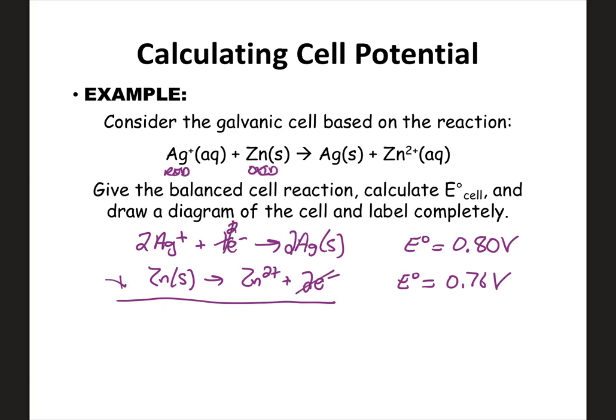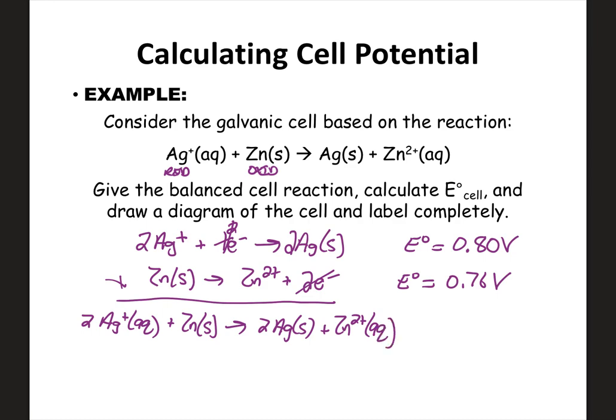Obviously, electrons are gone. So when I write what's left, I have 2 Ag plus, this would be aqueous, plus the zinc solid going to the 2 Ag solid plus the zinc 2 plus aqueous. So that's the overall balanced cell reaction here.